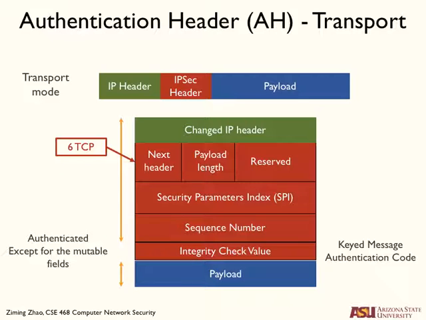And when the receiver receives it, it will do the same thing, calculate the value to check if they match. If they match, it means this message is from the sender I negotiated the key with, and also this message has not been changed or tampered with in transmission.